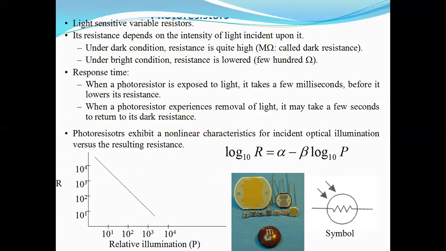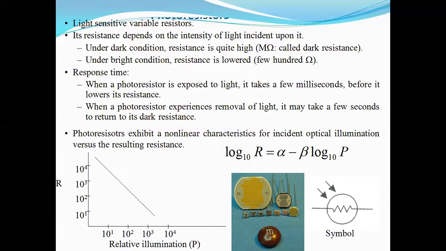Coming to the factor of response time, when a photoresistor is exposed to light, it takes a few milliseconds before it lowers its resistance. And on the removal of light, vice versa, it may take a few seconds to return to its dark resistance.